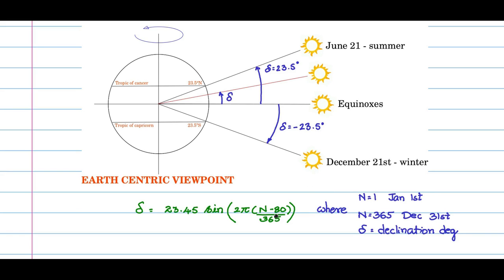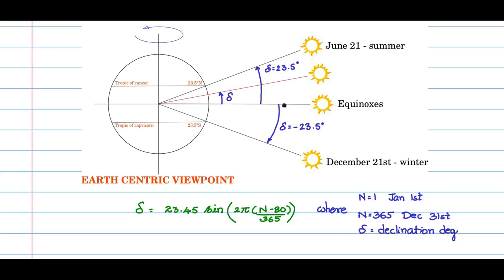Observe that here 80 would represent, in terms of number of days starting from Jan 1st, the 80th day, which would be 21st of March. So somewhere at the equinox. So when n is 80, sine 0, so you have delta 0, it's starting from here.